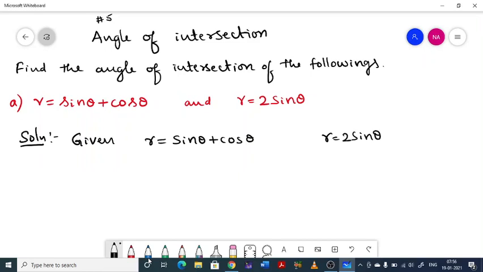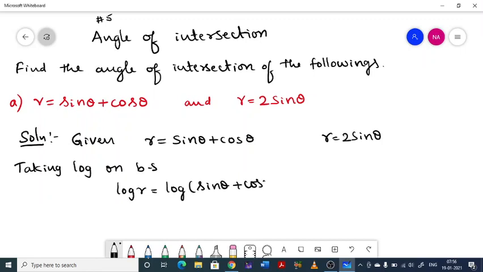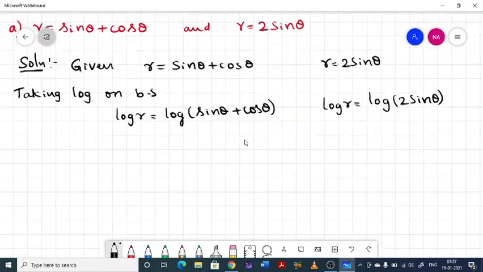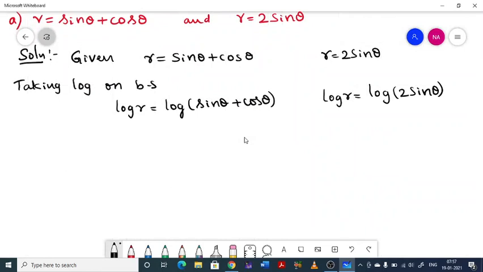As usual, taking log on both sides, we get log r equal to log of sin theta plus cos theta here, and this side log r equal to log 2 sin theta. If you want, you can split that as log 2 plus log sin theta, or you can keep it as it is, no problem. So no further simplification is needed.